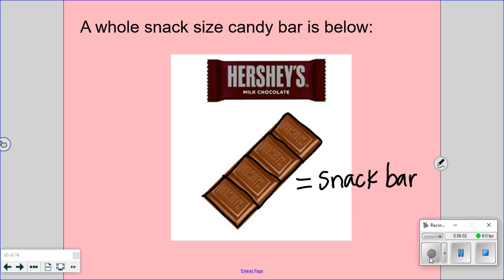That's 1 piece. Is that worth the same amount as the whole snack bar? No, those are 2 different things. However, we need 4 of those pieces to make a snack bar, but a piece is not the same as a snack bar. We got that so far? That makes sense?